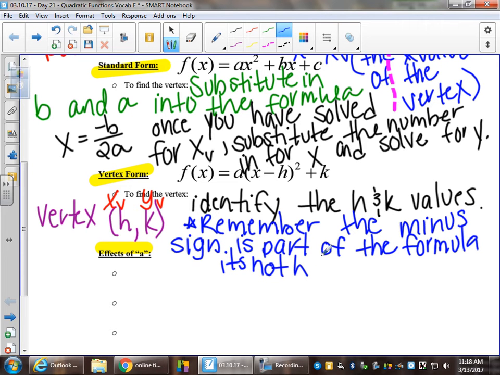So what that means is if h is 4, h would be 4. It wouldn't be negative 4. So if you have x minus 4, your h is 4, not negative 4. Does that make sense? If h is negative 4, how would you write it inside the parentheses? Minus a negative 4 or plus 4. If h is negative, this will become a plus.